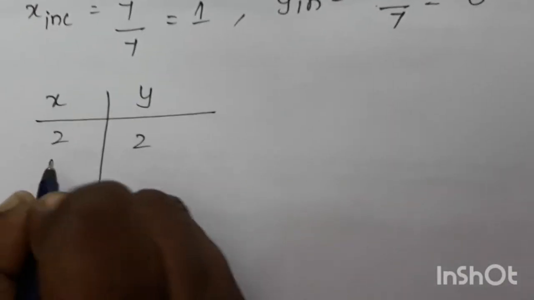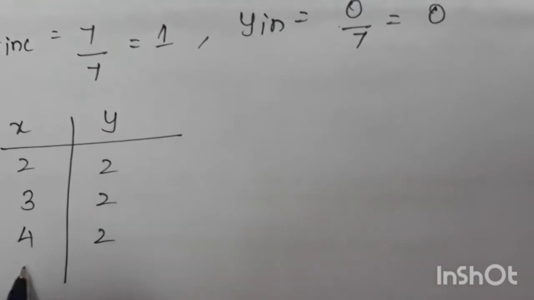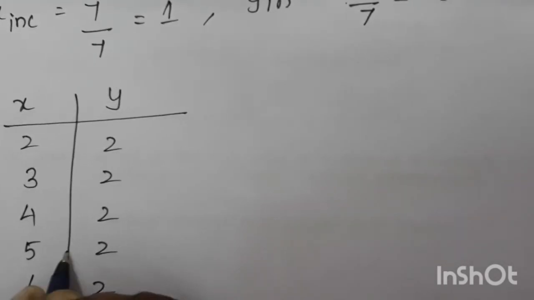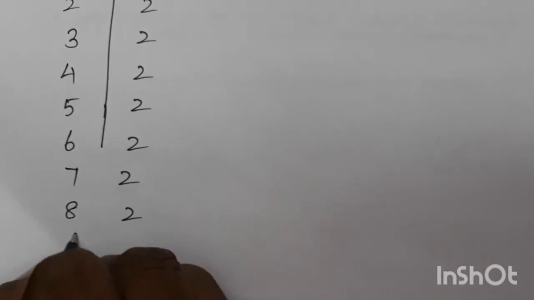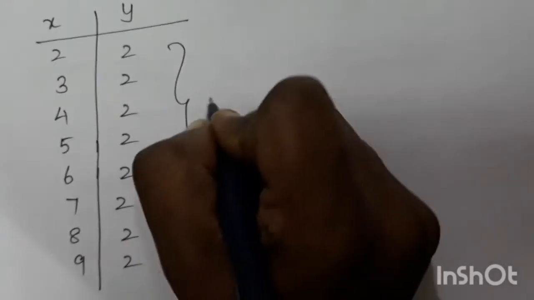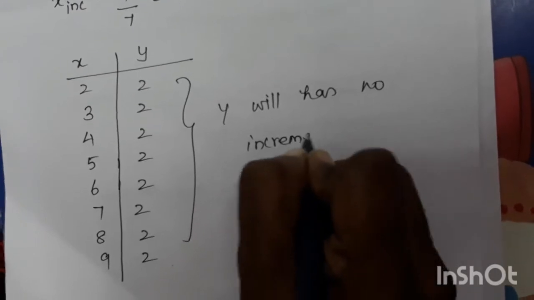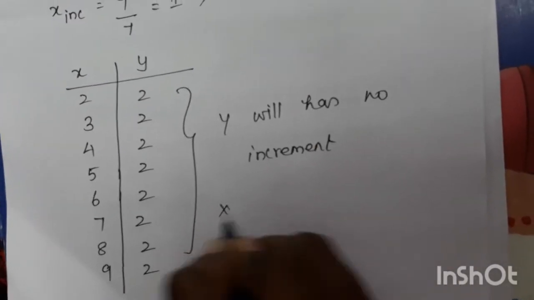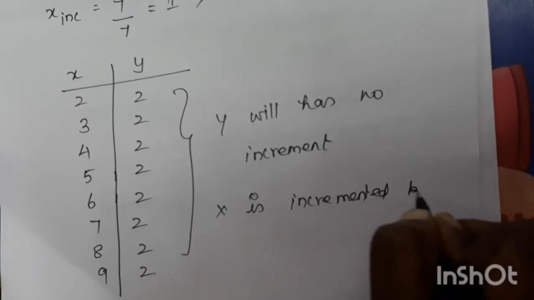Now the next value x is incremented by 1. So the next values are 3, 2, 4, 2, 5, 2, 6, 2, 7, 2, 8, 2 and 9, 2. So the y value has no increment, and x is incremented by 1.